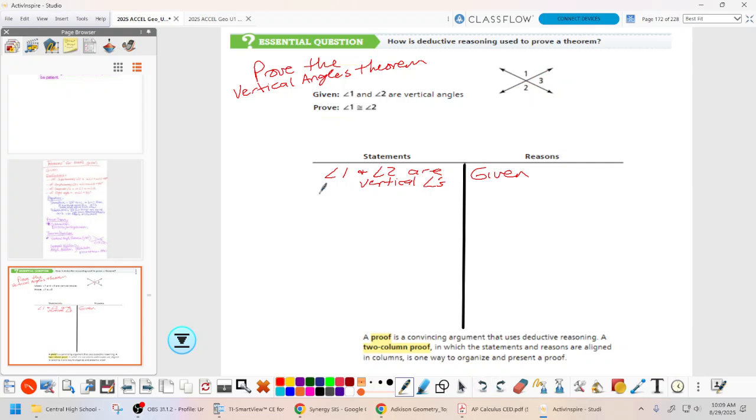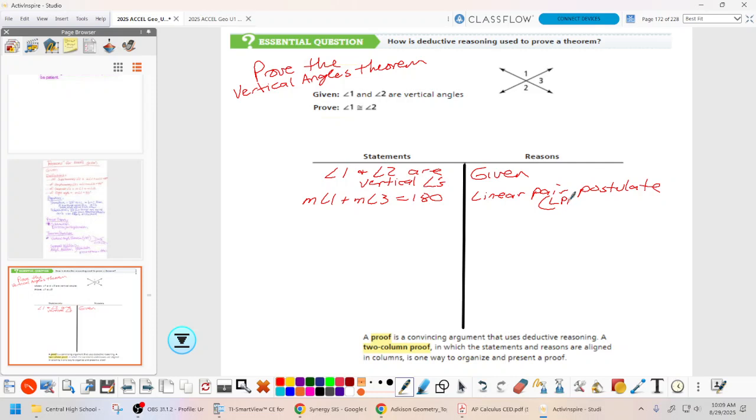So here's how that goes. Measure of angle 1 plus measure of angle 3 equals 180. That's because of what we call, and you guys know the name, but when we're proving, we have to state the actual name of the idea at the end. So we know they're a linear pair, but the thing that says they're 180 degrees is the linear pair postulate.